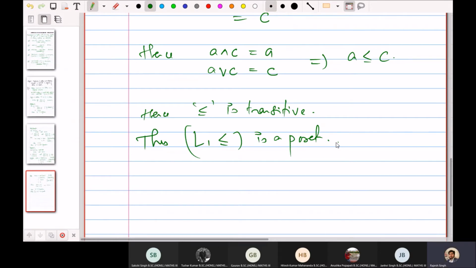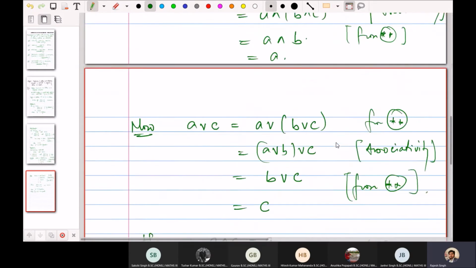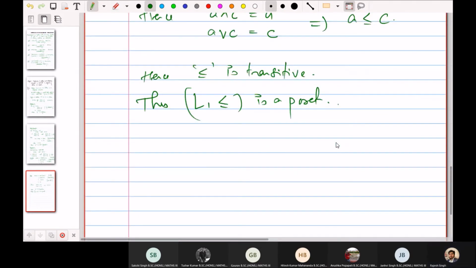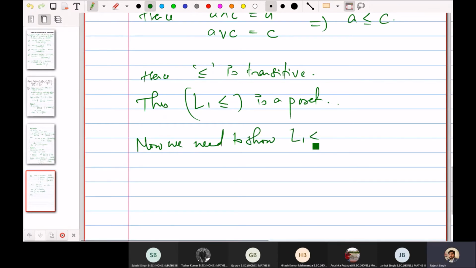अब हमें सुप्रीमम और इन्फीमम वो करना है. सुप्रीमम क्या होगा? Supremum for any two elements. अब क्योंकि पोसेट तो शो कर दिया, now we have to show it is a lattice. So we have to show that supremum and infimum exist. So what will be the supremum of any two elements A, B? Supremum का क्या होना चाहिए? Now we need to show that L is a lattice.